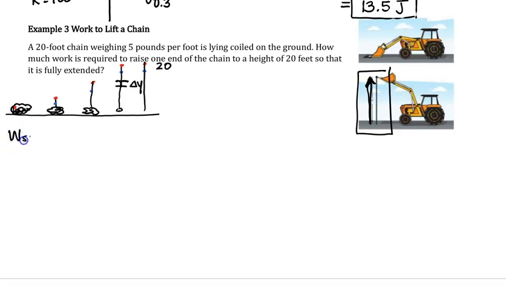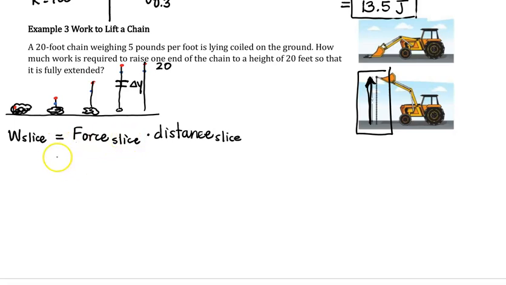So right now I'm just calculating the work done on that slice. The work done on that slice is equal to the force of that slice, or the weight of that slice, times the distance that that slice had to travel. And then we'll integrate over all of these slices of the chain.